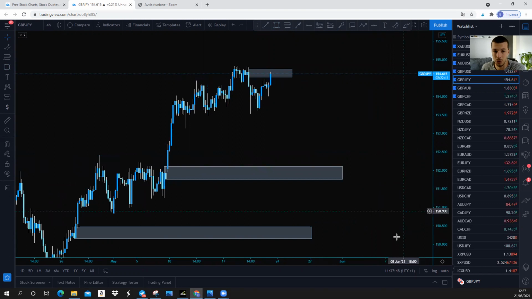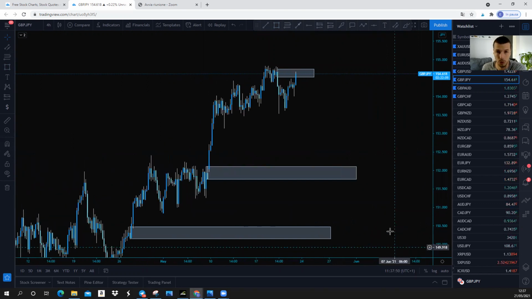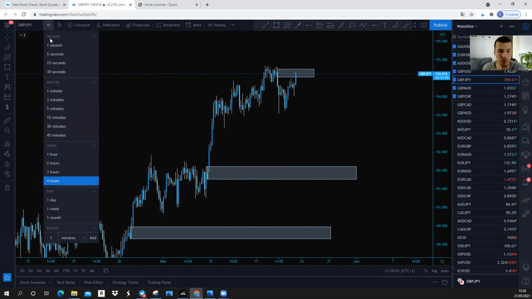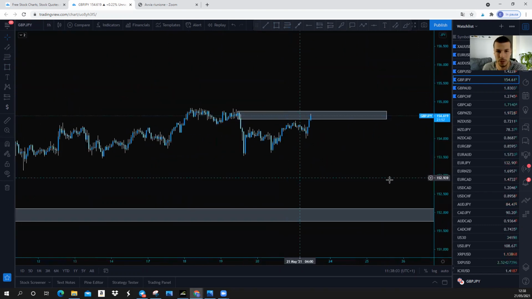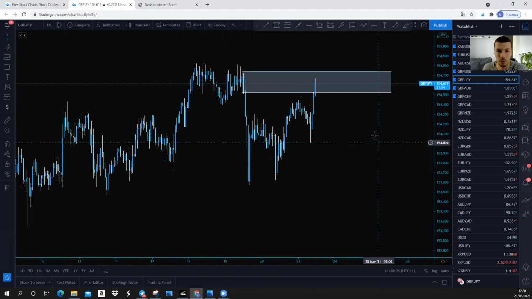Then what I do, not always, of course, I don't always need to have the Fibonacci's, but if I do have Fibonacci confluence, then even better. It is an extra confluence for me to enter the trades. So for example, let's see right here if we have it or not. Right here, I don't think we have it, but this is a good supply area.